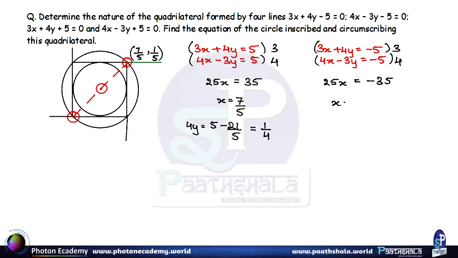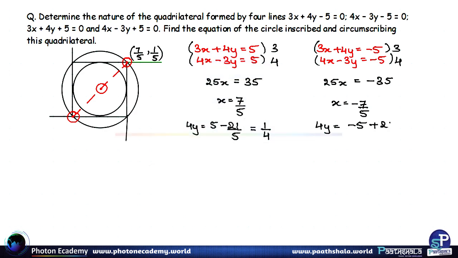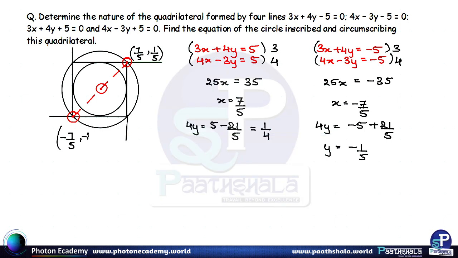So x is equal to minus 7 by 5. And y will be, so 4y is equal to minus 5 plus 21 by 5. So y is equal to minus 1 by 5. Okay. So this is the second point, minus 7 by 5 and minus 1 by 5.